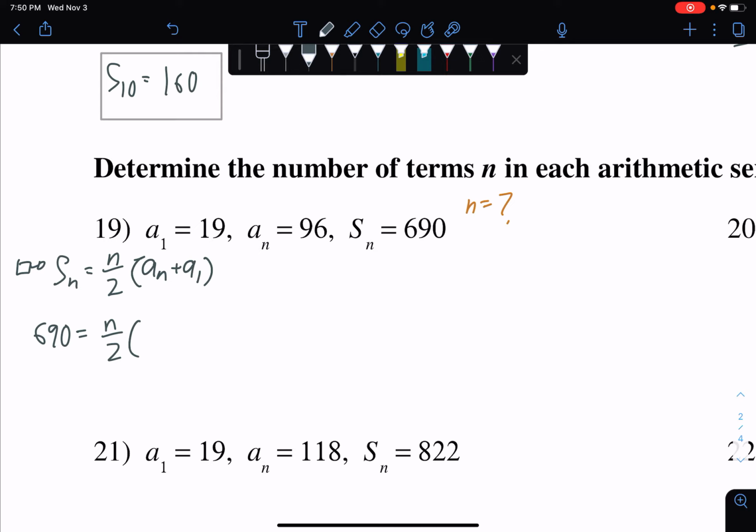N over 2, our a sub n is 96 plus our a sub 1, 19. We multiply both sides by 2 in order to eliminate our denominator.